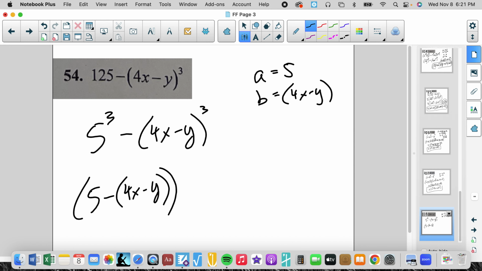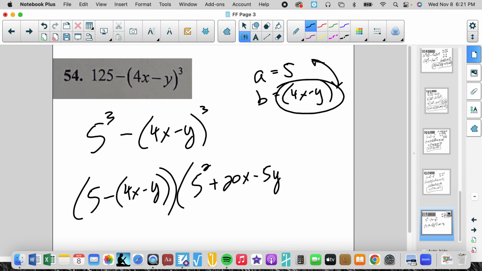And then this is going to be a squared, which is 5 squared. And then it's going to be plus a times b, which is going to be 5 times 4x is 20x, and 5 times negative y is negative 5y. And then we have b squared, so plus the quantity 4x minus y quantity squared.